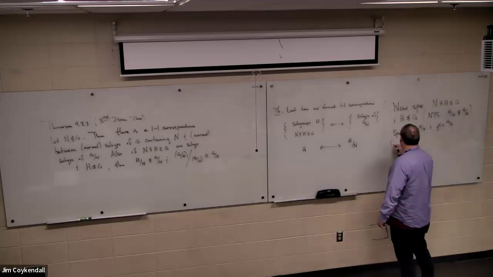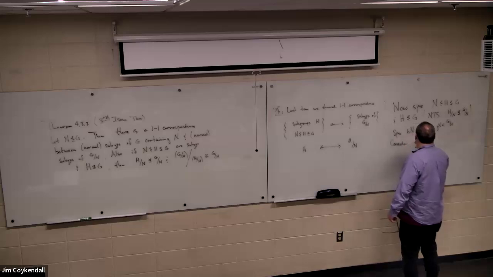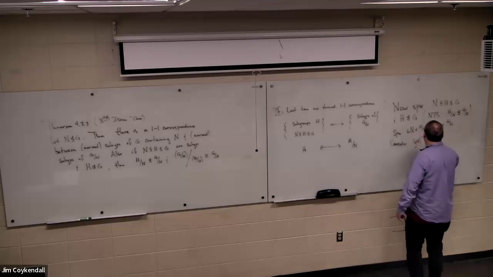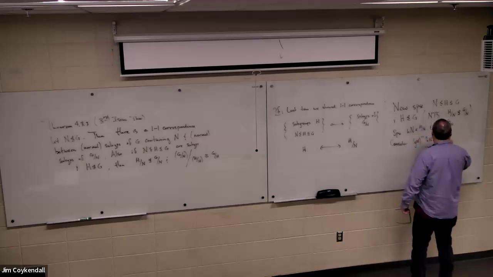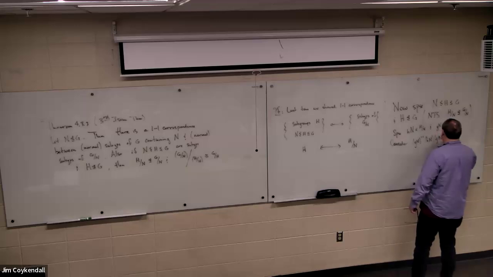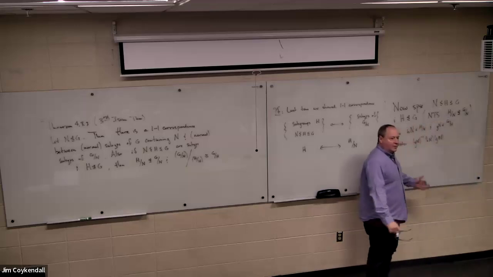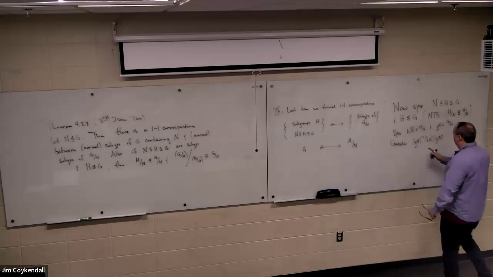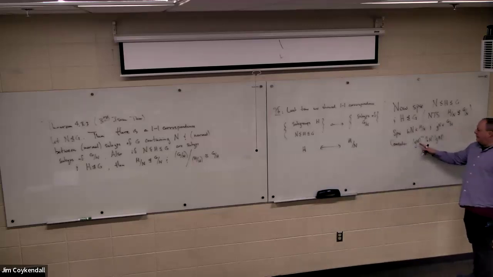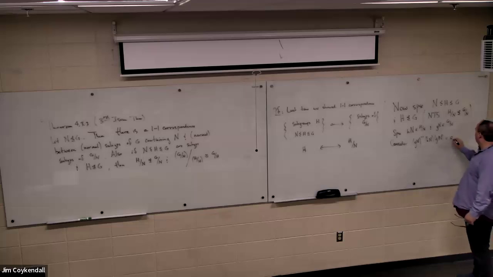So to show that this thing is normal in this, we need to take an arbitrary element and conjugate it and show that it's still in there. So consider the conjugate gN inverse hN gN. So what happens when I conjugate this coset? Well, the first thing I'm going to notice is this thing is actually g inverse N hN gN.